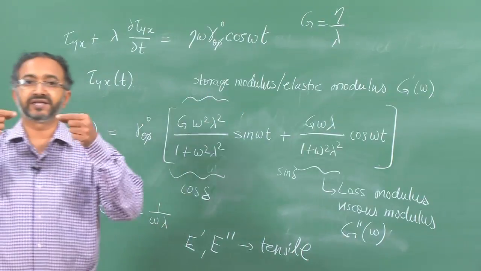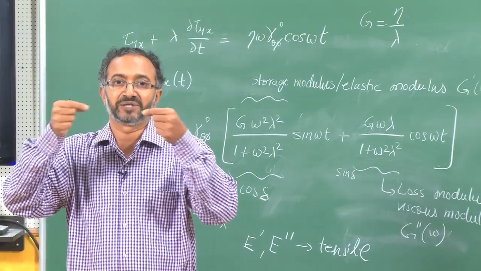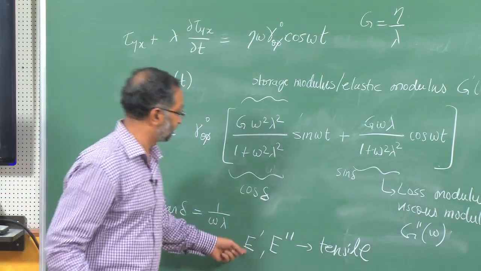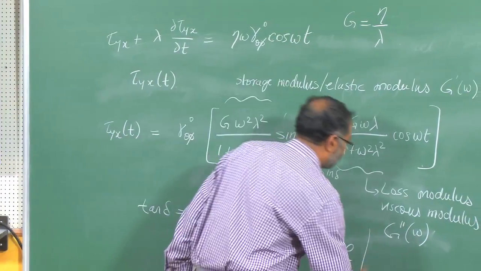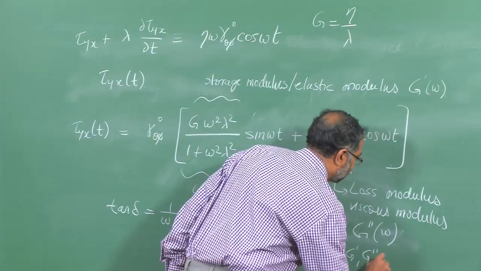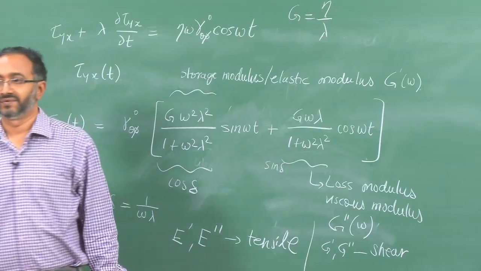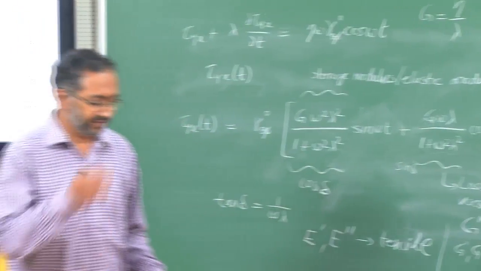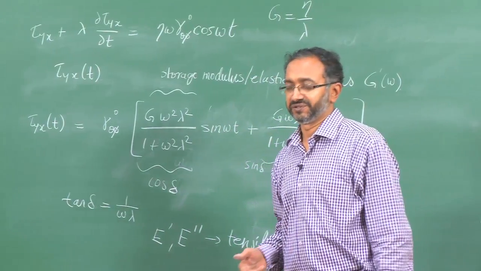You can take a rod and do a tensile oscillatory experiment, and then you will have an elastic modulus and again a loss or viscous modulus. We use G prime and G double prime for generally indicating shear. Most of the time, whenever materials are fluid like, we would do shear response.